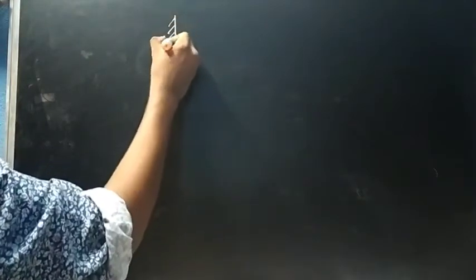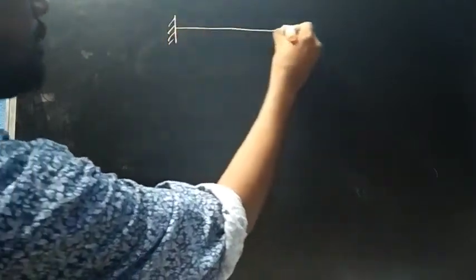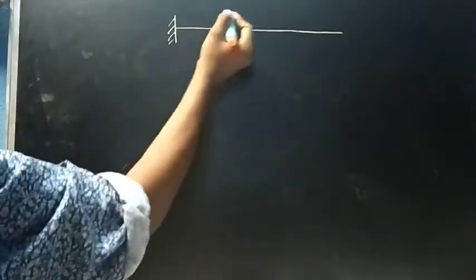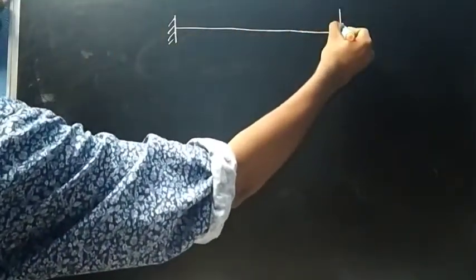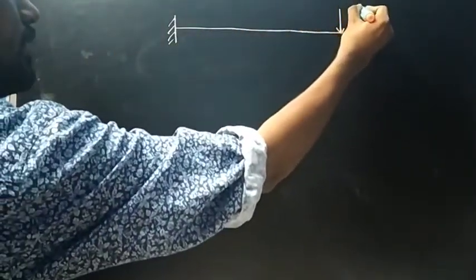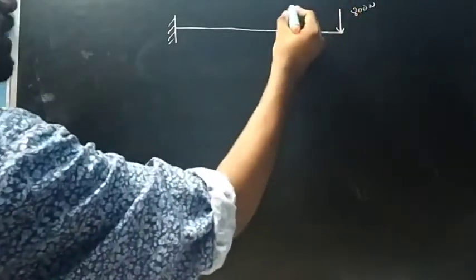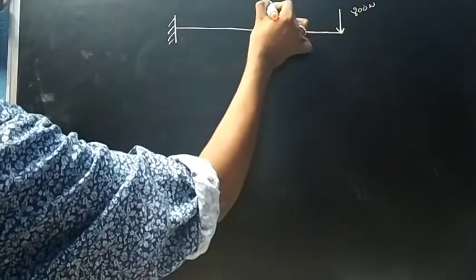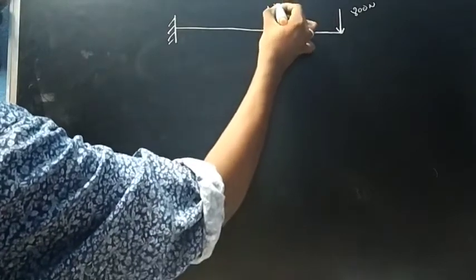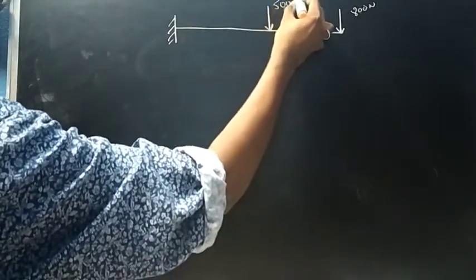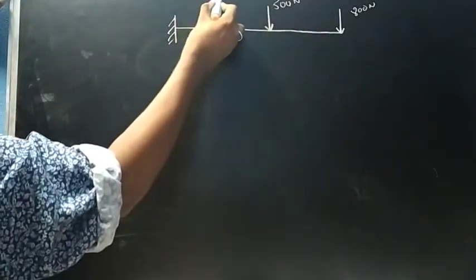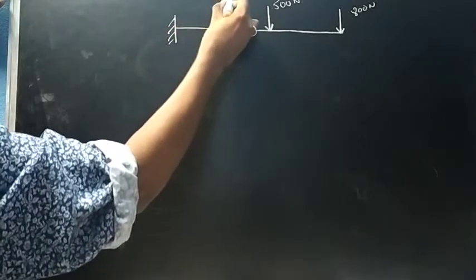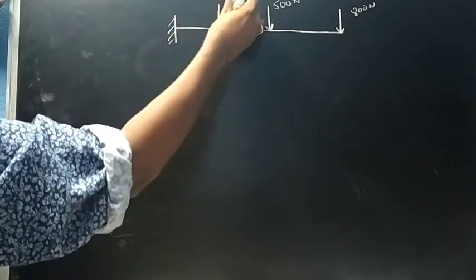First we need to draw the free body diagram. So this is our beam. Okay, we have a load here, that is 800 newtons, another here 500 newtons, and another one is here, that is 300 newtons.